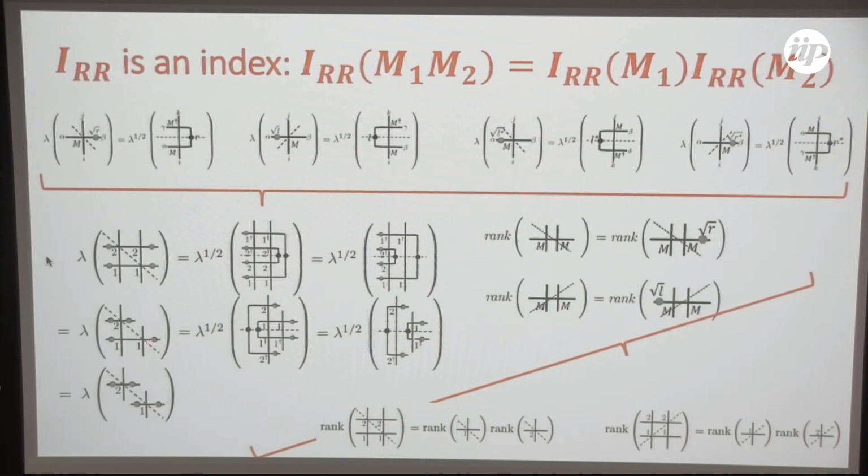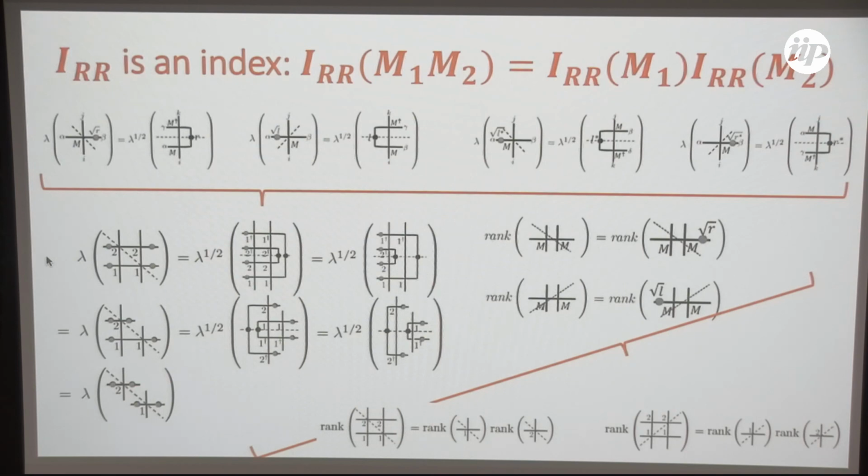Then we use this relationship again, but now in the other way. So we get the square root of the spectrum. Now we use pulling through again to pull this through this leg, and then we obtain this. Now we take it back again, and we find that the eigenspectrum of this matrix is equal to the eigenspectrum of this matrix.